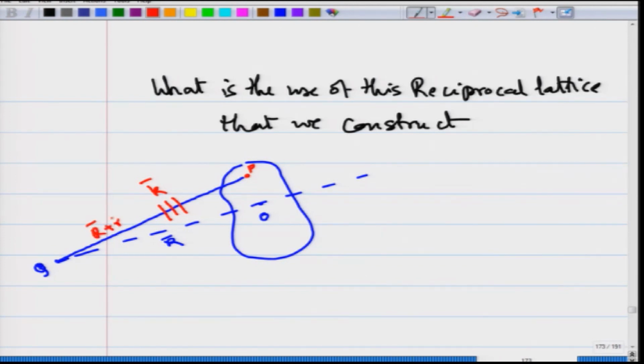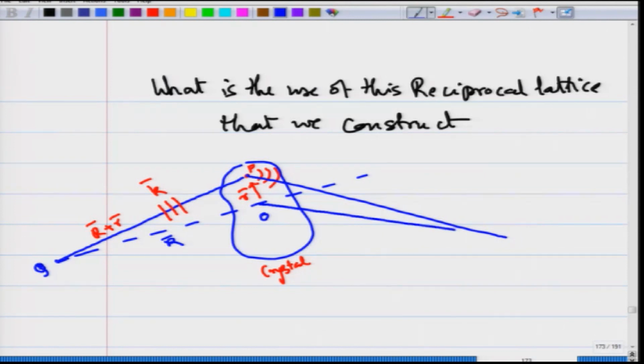This is of course r plus R, where this is the position of the point in the crystal. So, this is our crystal, and then the X-ray from here starts diffracting. Each point out here becomes a secondary source and it starts diffracting light from this point. So, you start getting secondary spherical wave fronts, and as a result you get a diffracted beam or a scattered beam.